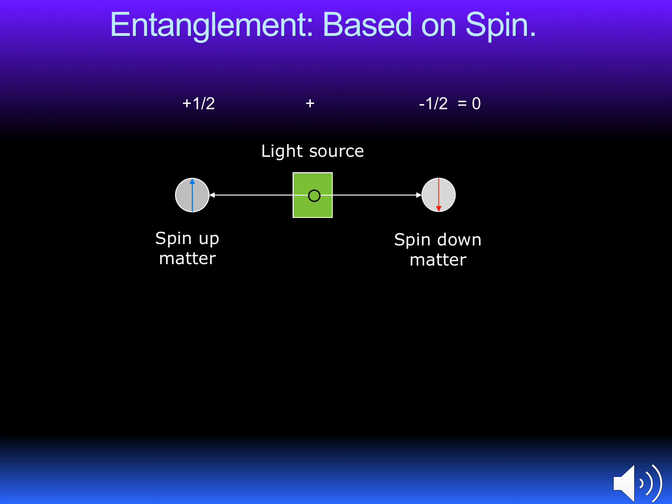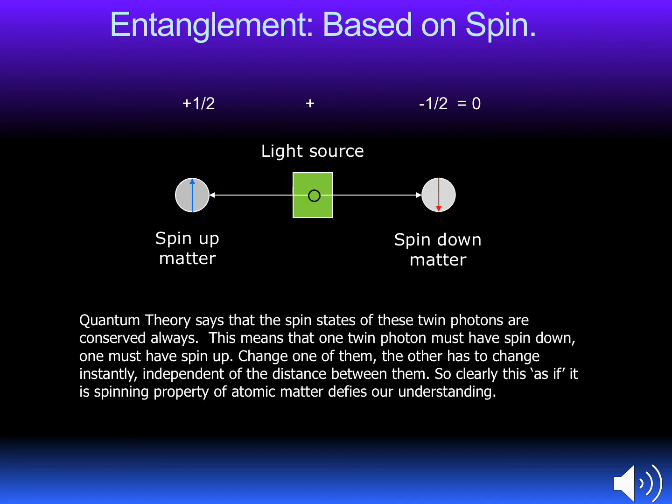So you can see that if the spin up turns to spin down, then it would be minus a half plus minus a half, which would give you -1, and that's not allowed. So the whole basis of this entanglement attribute of the atomic world is based on spin, this conservation of spin that resulted from quantum theory. And the mind-blowing part about this is that it'll be true always.